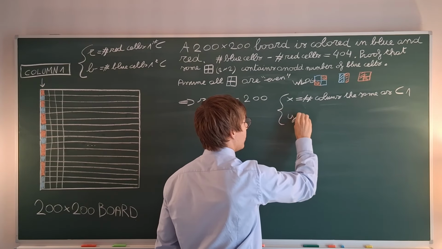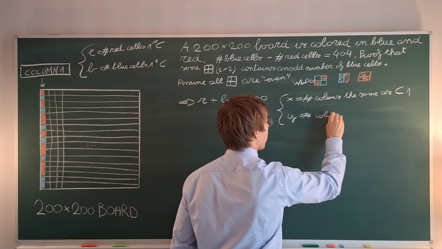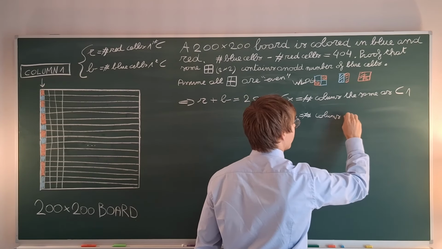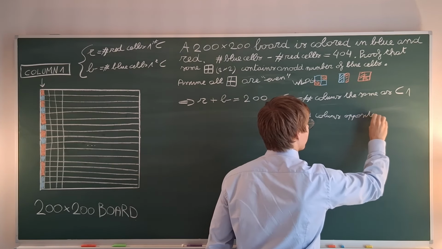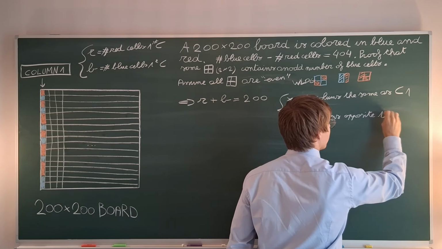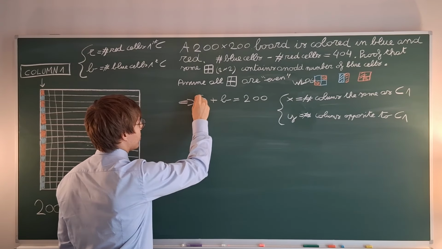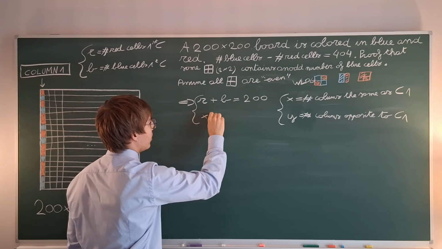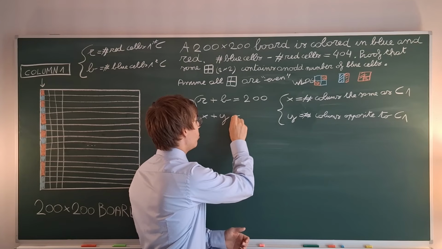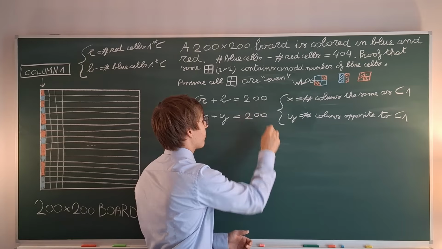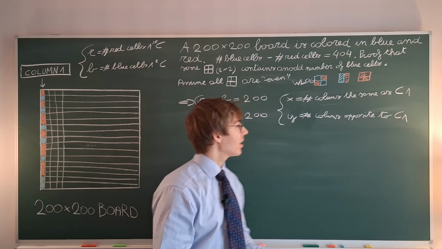And let Y be the amount of columns that are opposite to C1. And once again, we know that X plus Y is just the total amount of columns, which is equal to 200. So let's now use these four variables to solve this problem.